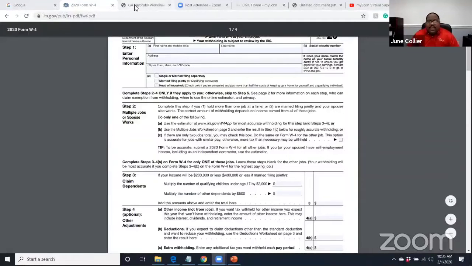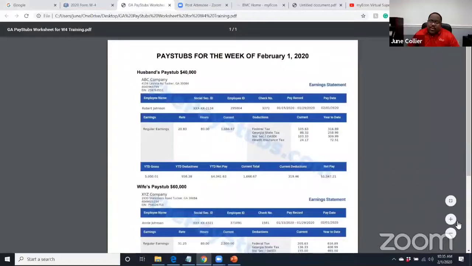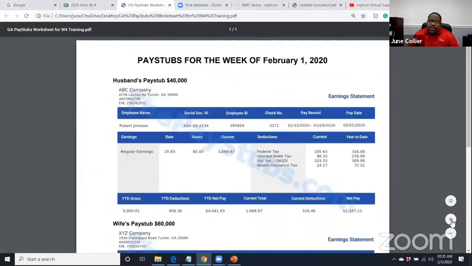Now, one of the things that you're going to need when you get ready to do your W-4 is a copy of your most recent pay stub. And so I've got some demo pay stubs here that we're going to use for today's demonstration. So I will be referring to the pay stub that we have listed here.